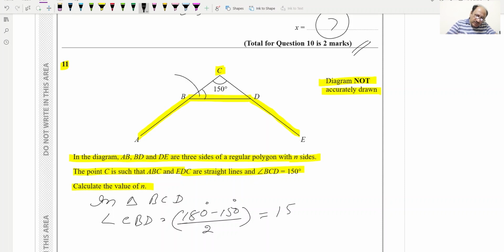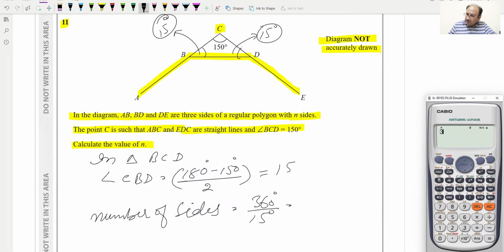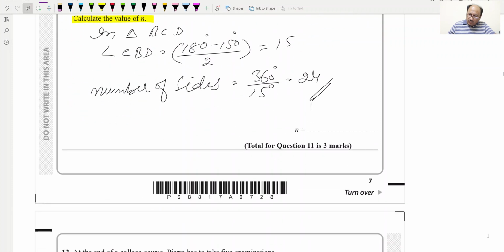So if this angle is 15, this angle will also be 15, so 15 degrees and 15 degrees, these are two angles. If the exterior angle is 15, the number of sides is equal to the sum of exterior angles, 360 degrees, divided by 15 degrees. 360 divided by 15 is equal to 24, so it will have 24 sides and the value of n is 24. This is done.